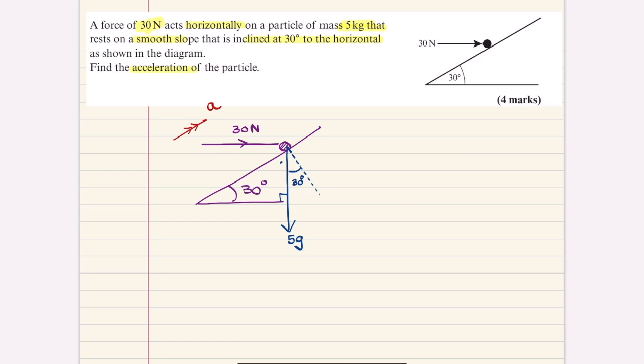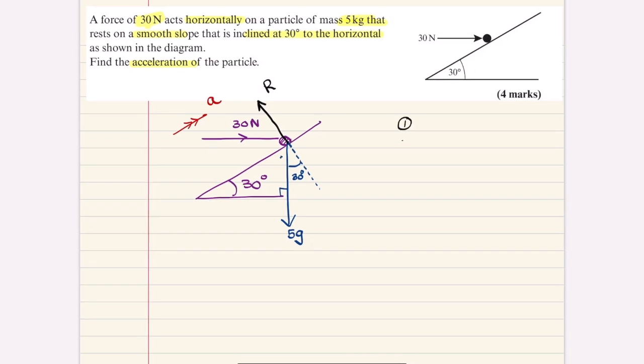Now, before we move forward, double check whether you have marked all the forces. I think we need to mark the normal reaction, which is going to be R. Now, since we managed to mark all the forces, there are two equations that you could use. One is applying F equals ma along the plane upward, or apply F equals ma perpendicular to the plane.